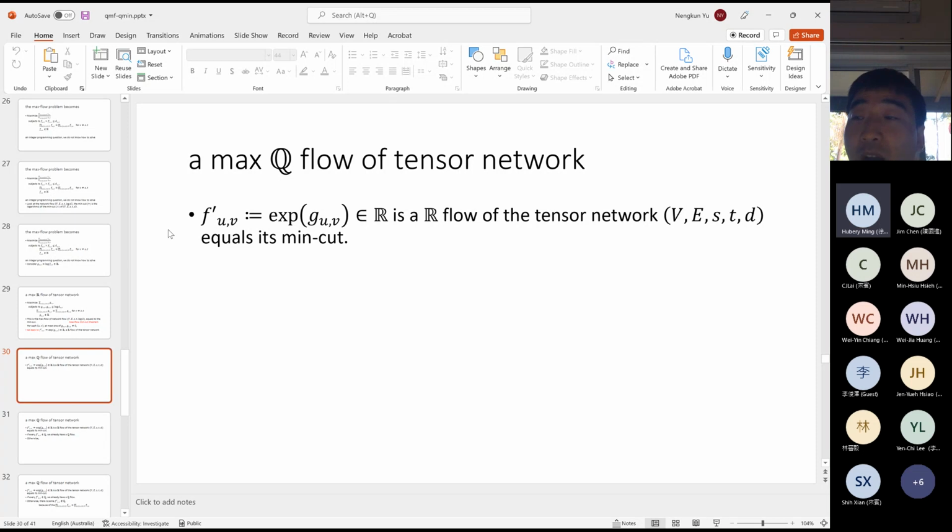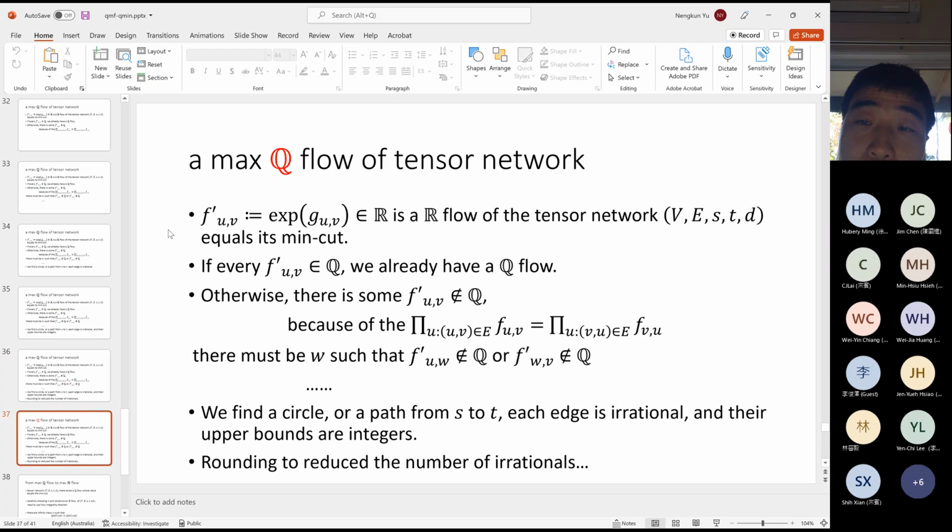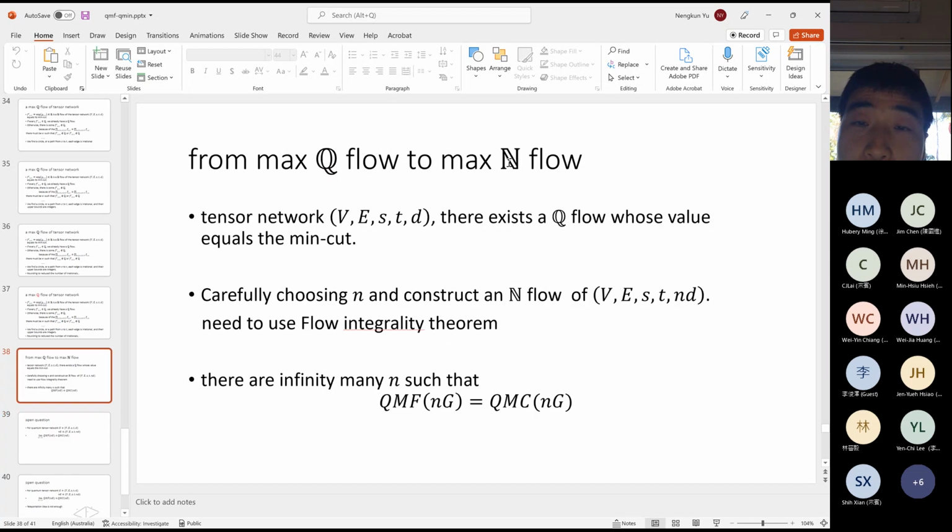Then you write it. Okay, you find that there's a rational flow, and afterwards from the rational flow, you go to an integer flow by assigning n to be very large, such that it can map almost all the rationals to integers.